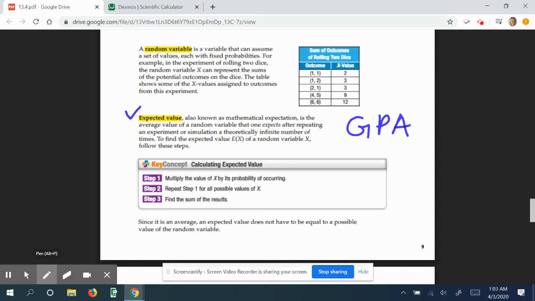Another way that's super interesting of expected value is your actual winning percentage on raffles and the lottery and stuff like that. So what that means is they figure out how many tickets there are, the cost of everything, and what your win out is.